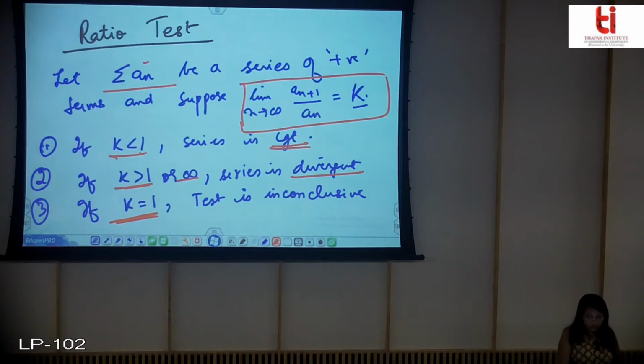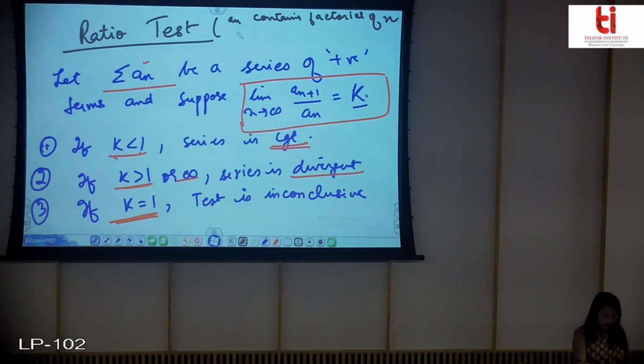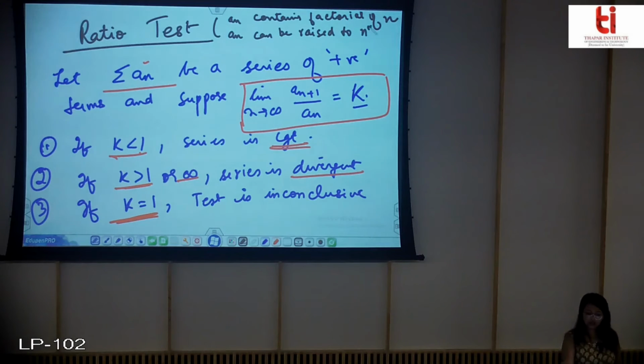Now this test is beneficial, or you can say preferable, when a_n contains the factorial of n, and also sometimes when a_n is raised to the nth power, or you can say a_n has some nth power.